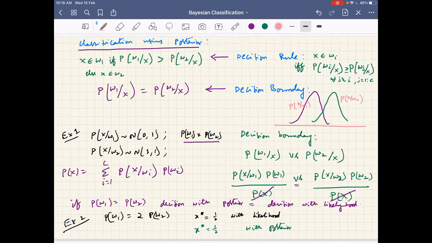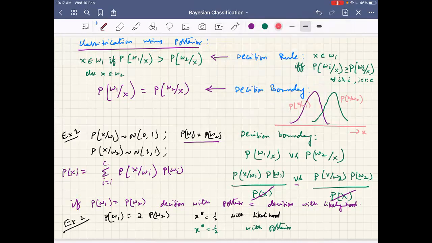P of x given omega. Yeah, this only I can plot conveniently. P of omega 1 given x I can't plot easily because there is a term of P of x there, and I don't know the normalization. I can't compute it easily. So most of the time, even if I want to discuss decision with posterior, I will only plot these likelihoods and then discuss the other thing as well.